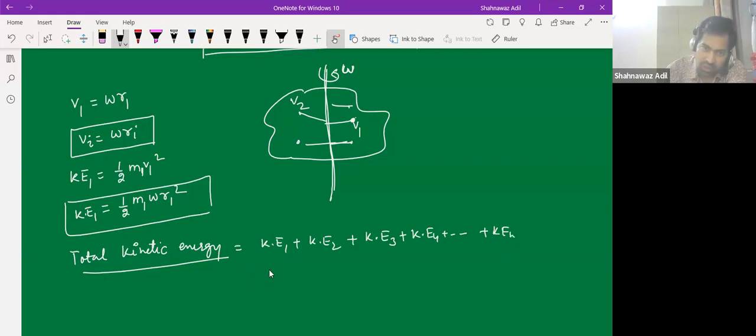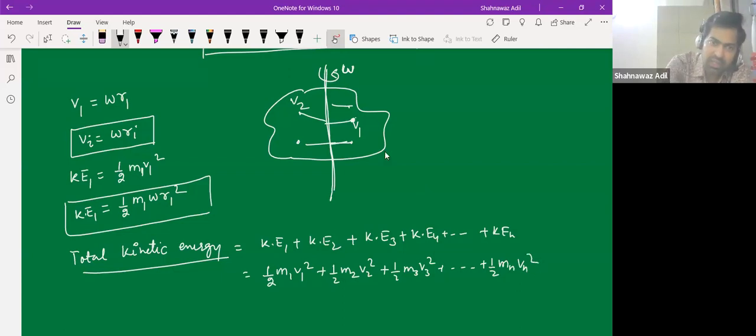So this is half m1 v1 square plus half m2 v2 square plus half m3 v3 square plus half mn vn square.